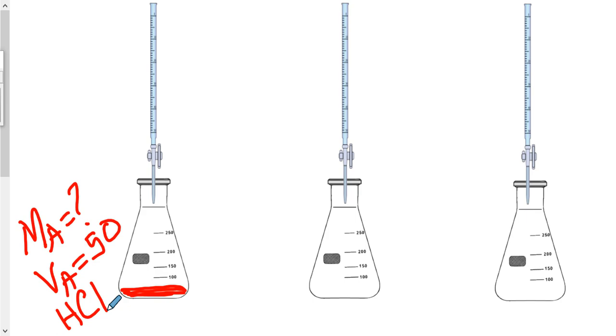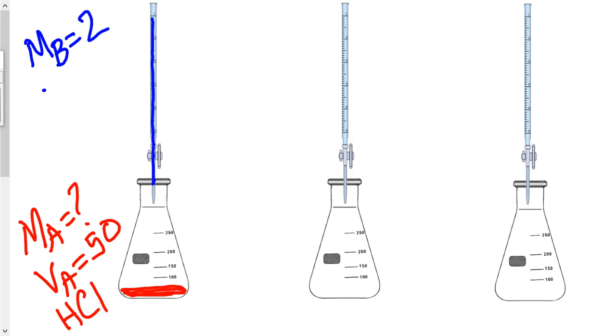So to figure out the concentration of that acid, we have to use a base, which has to be known, meaning a standard base. And the standard base, we can use it in the burette. And the concentration of that base, it's standard, meaning you have to know this, and assume that it's 2.